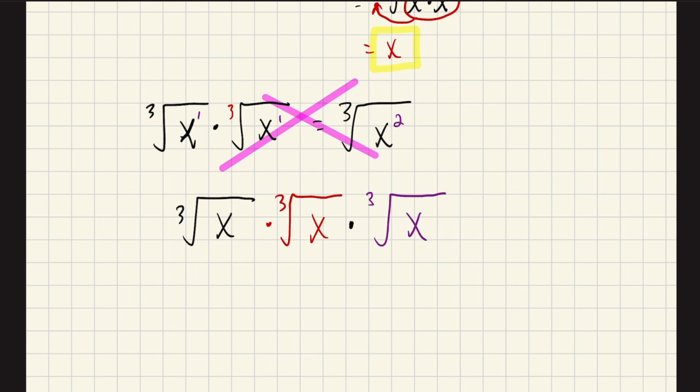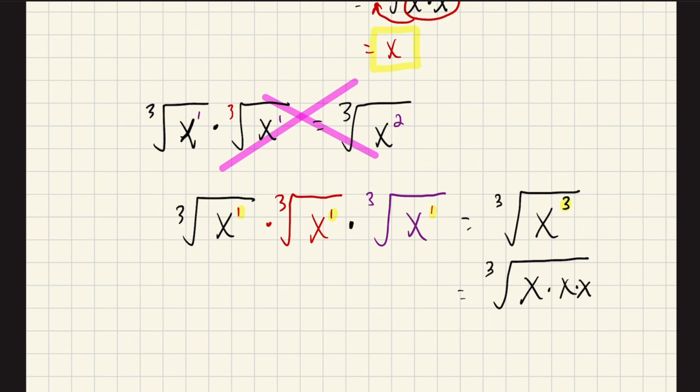And when I do that, remember that they have invisible exponents here, that when these are added up, x to the 1 times x to the 1 times x to the 1, what you end up getting is cube root x to the 3. And when I simplify this and I rewrite this, it's really x times x times x, which, since the index is 3, any groups of 3's will be removed here.